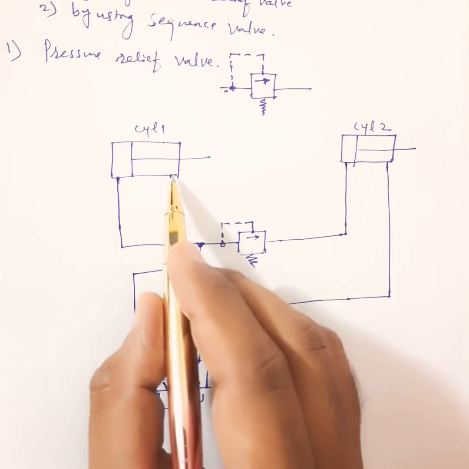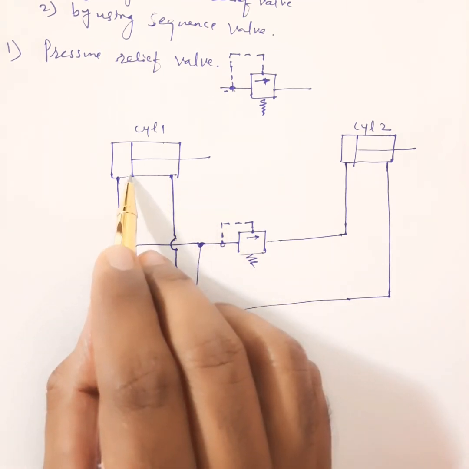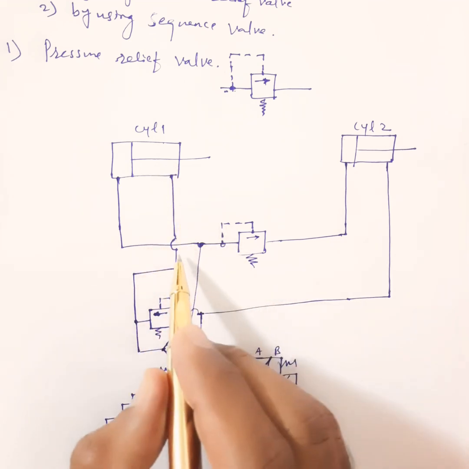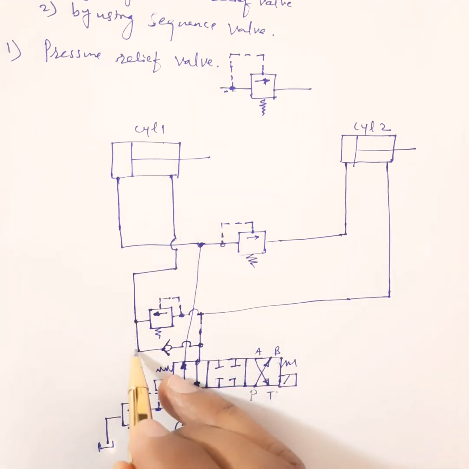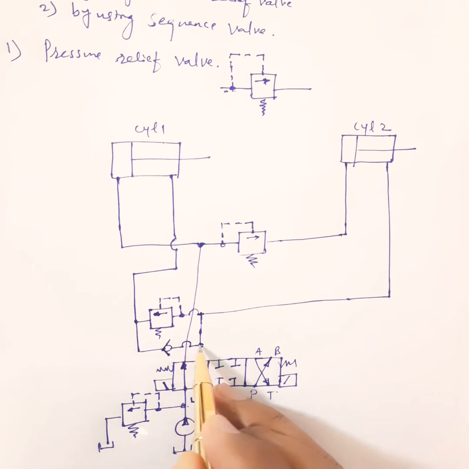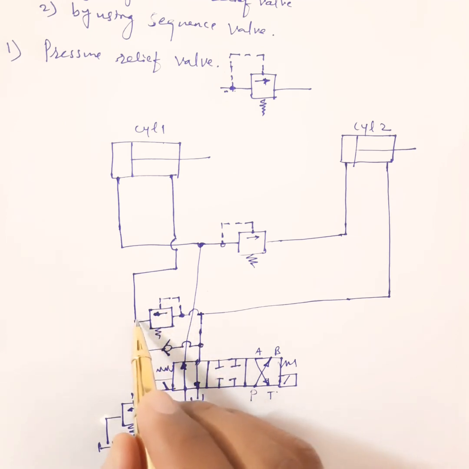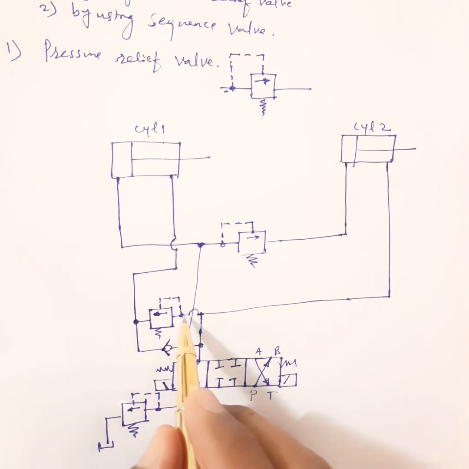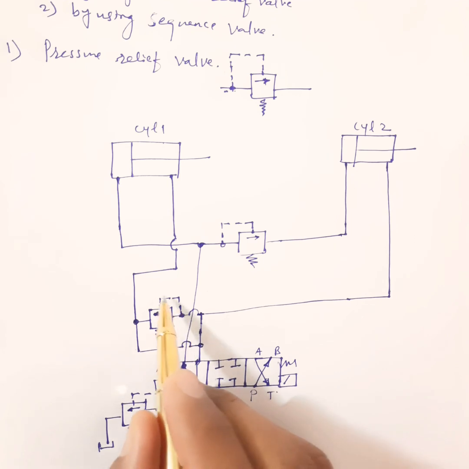So through this check valve the fluid should go back. Now see here, when piston 1 is extending, the return fluid from the rod end of the cylinder comes here, and through this check valve it will go to the tank. Because the relief valve will not allow the fluid to flow in the opposite direction unless the pressure in this line increases, then only it will open, otherwise it will be in closed position.